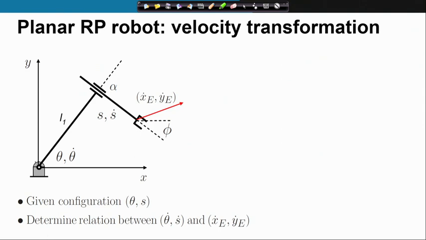Now, we move on to the RP robot manipulator. Here our velocity relation was between the joint velocities theta dot and s dot and x e dot and y e dot.